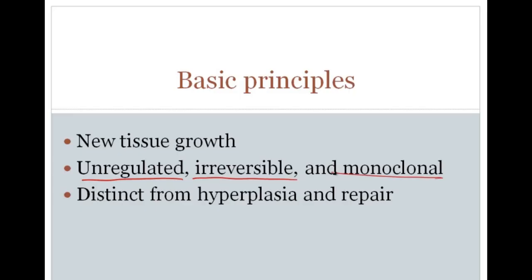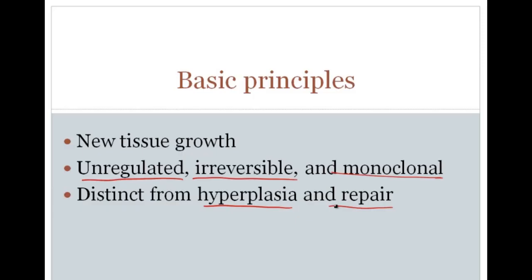Now, these three features are important because they help to distinguish neoplasia from hyperplasia or repair. Just as an example, hyperplasia, as you'll recall, occurs when there is an increase in stress on an organ. For example, a woman becomes pregnant, and the smooth muscle of the uterine wall undergoes hyperplasia.